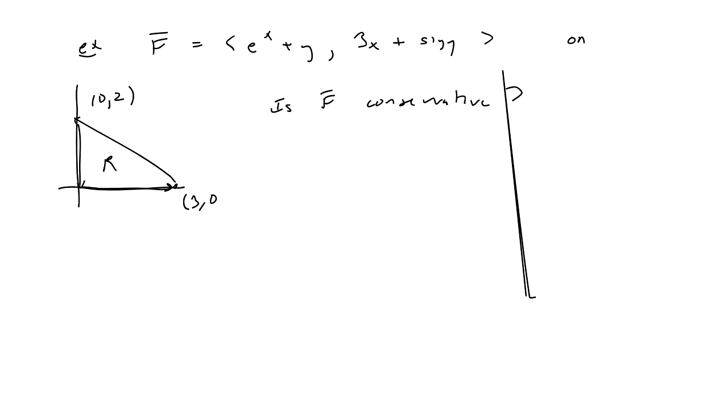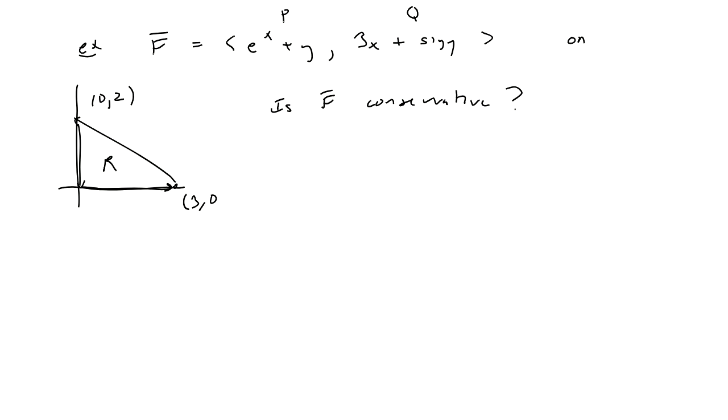So is this conservative? We need to look at the two-dimensional curl, so we need to see if p of y is equal to q of x. Is that true? What's the derivative of p with respect to y?